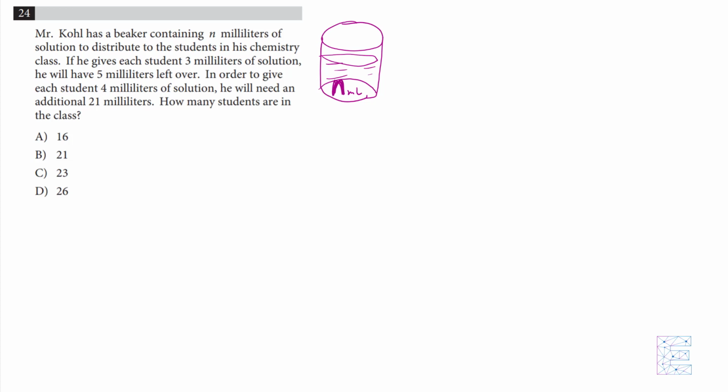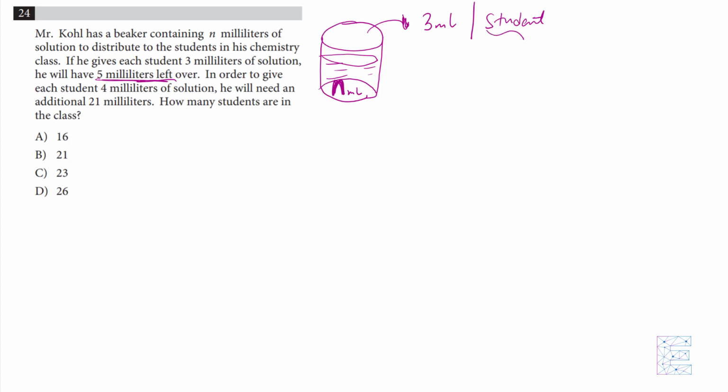So what this teacher is doing, he's distributing the liquid in here and giving each student 3 milliliters. So he's pouring out 3 milliliters per student. And once he does that, he has 5 milliliters that are left over. So I think we can come up with an equation for that.